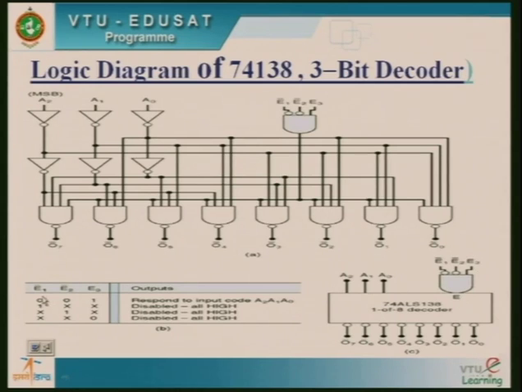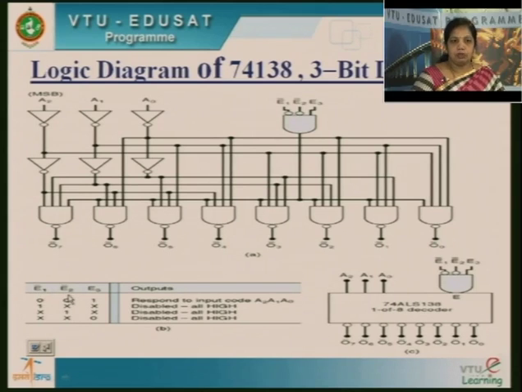The signals are E1 bar, E2 bar and E3, that is E1 complement, E2 complement and E3. So E1 complement is active low, E2 complement is active low, E3 is active high. So whenever you need to operate this decoder, these two lines should be 0, that is active low, and the E3 line should be active high. Then only it will respond to the inputs given to this decoder.